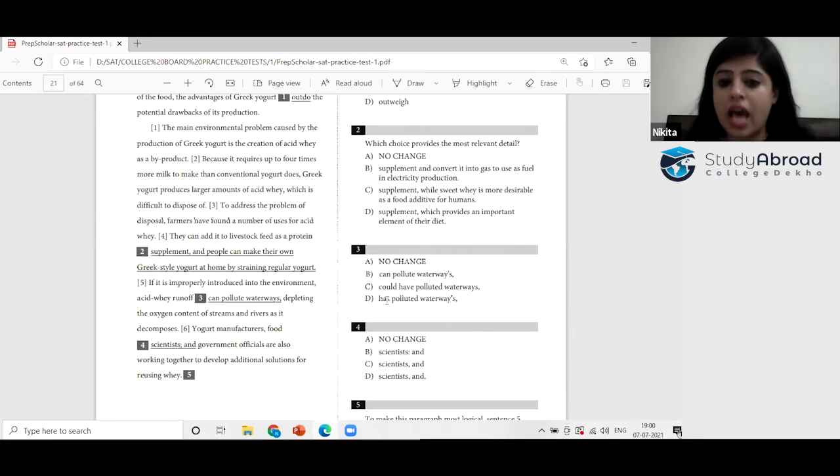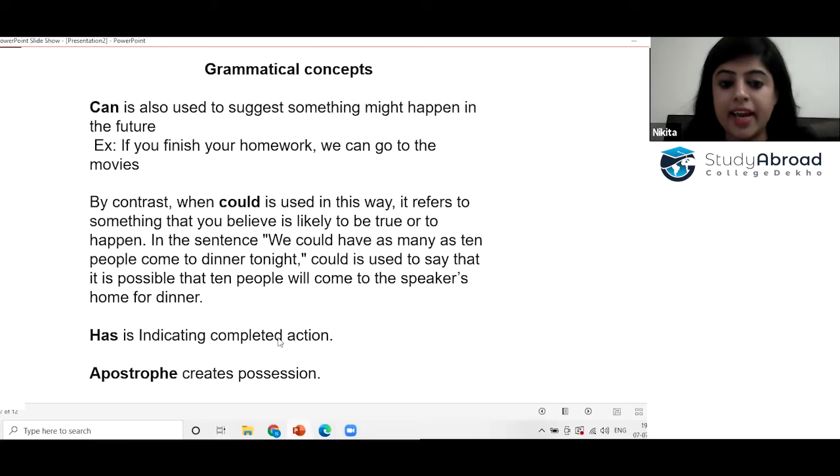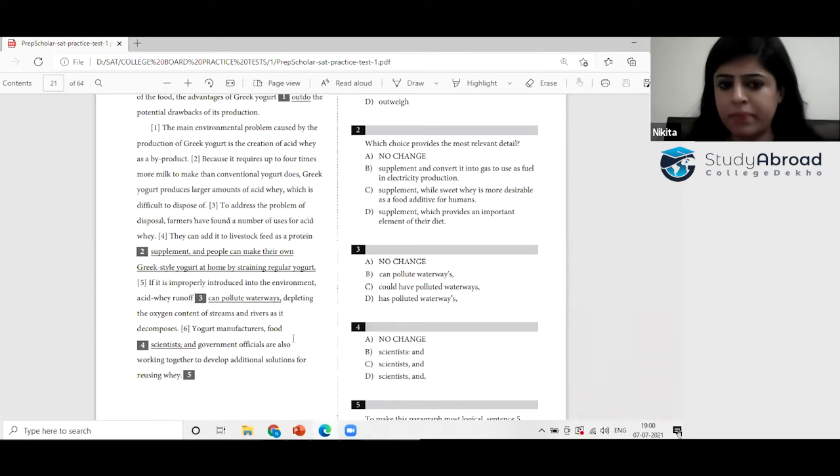If I talk about has polluted, I just told has is indicating completed action. So is it completed? Is this what was being talked about in the passage? No, it was said that if it happens, then it can do something we are predicting. So has is like completed action. So definitely the action is not completed. D is eliminated and B is eliminated. And we are down to the choice of two options, that is can pollute waterways or could have polluted waterways.